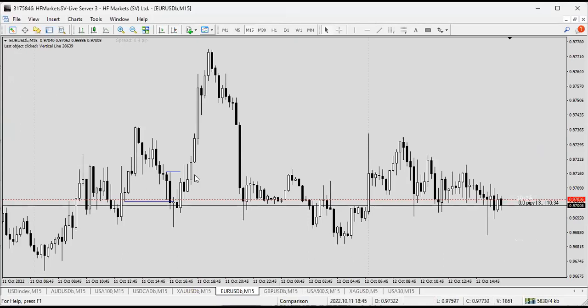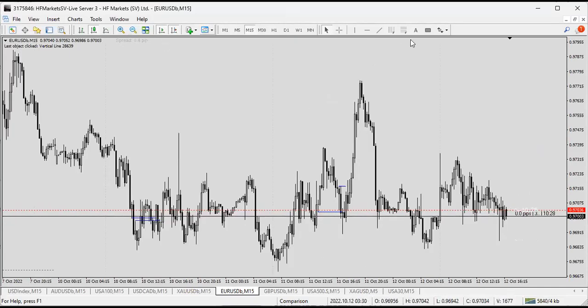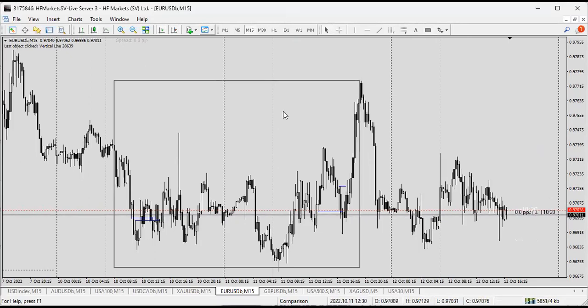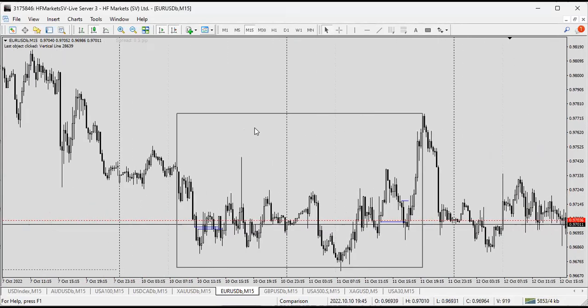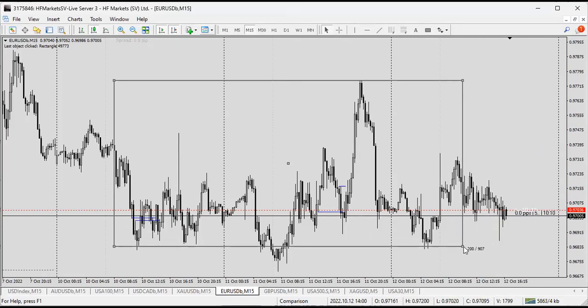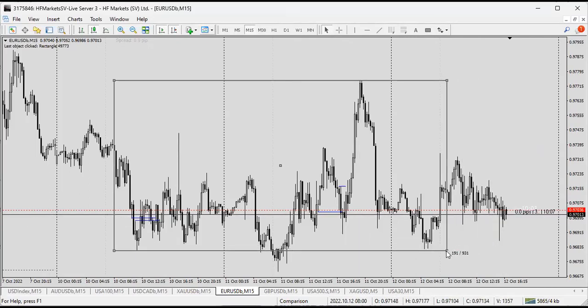EU. Let's continue to be cheeky. Bam. Takes here. This side taken. Retracement. Let's watch right here.